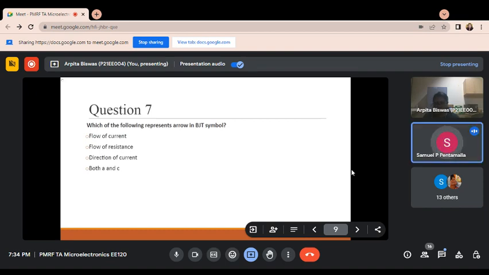Direction of current. Okay. Anyone else? Sankara Ganesh? Okay, option C. Tarun, please unmute yourself. Direction of current, okay. Can you repeat?